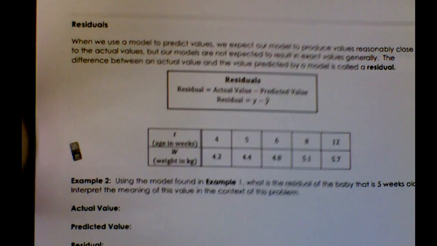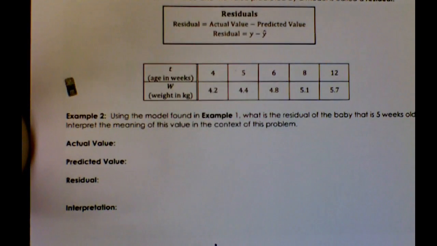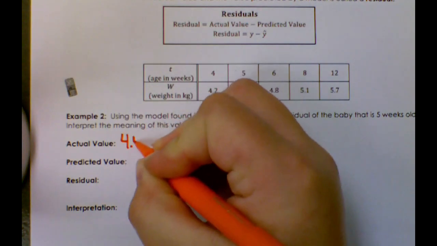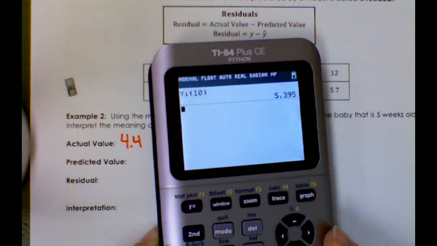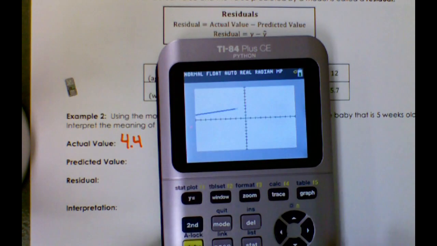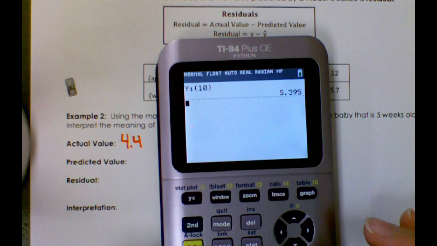So using the model we found in example 1, we're going to find the residual of a baby that is 5 weeks old and interpret the meaning of that in the context of the problem. So the actual value for a baby that's 5 weeks old was 4.4. The predicted value, I grab my calculator and I say Alpha trace, y1 of 5, 4.47.